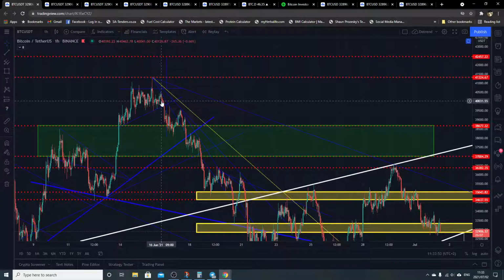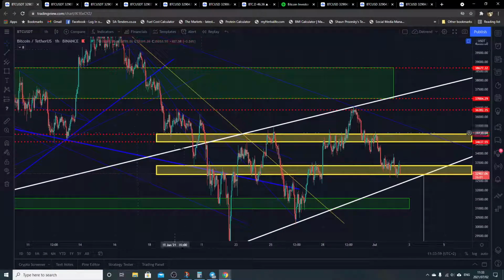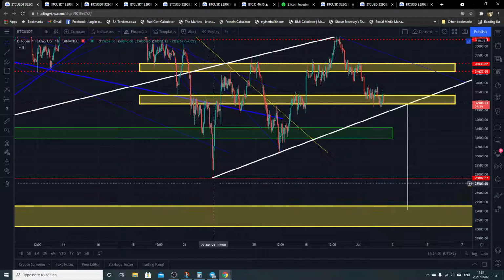There's not enough buying pressure to break up. We faked out, and then we came crushing down all the way down to the 28,800 price level, which is major support area.